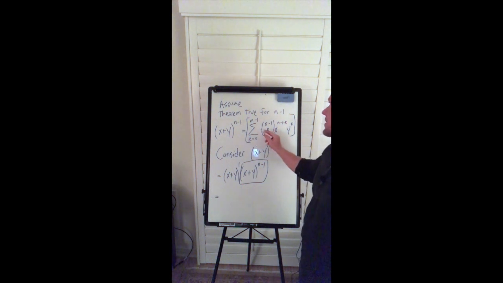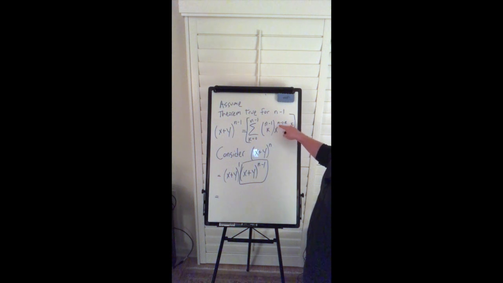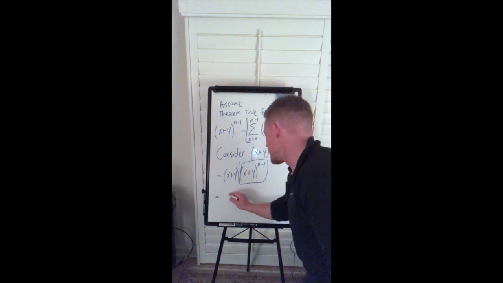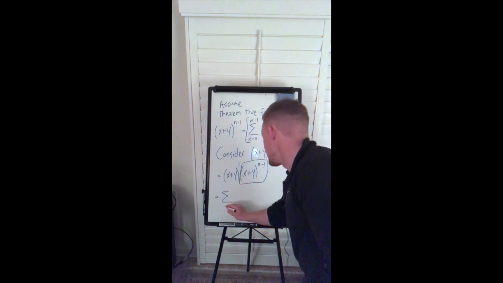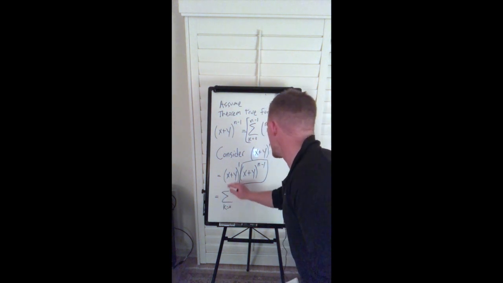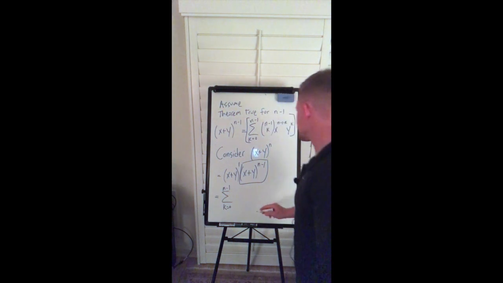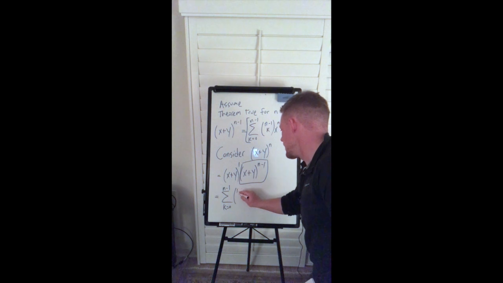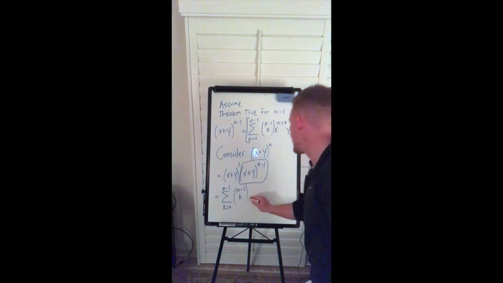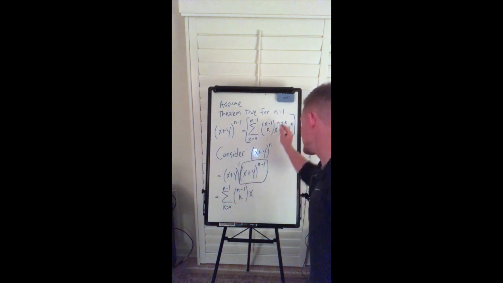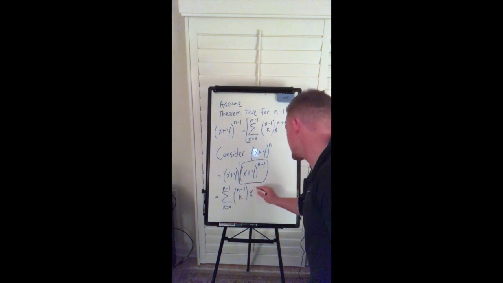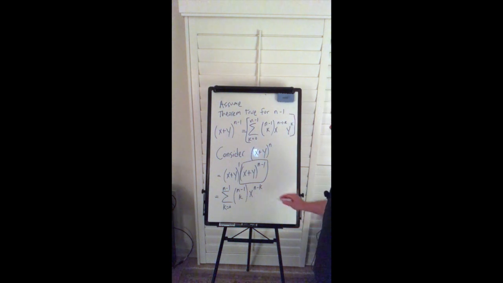So we can just bring the x to the inside. If you multiply the x times this whole thing, you would have x to the 1, and you have x to the n minus 1 minus k. So we could add the exponents, we'd be left with x to the n minus k on the inside there. So let's just go ahead and write that. The summation from k equals 0 up to n minus 1 of n minus 1 choose k, x to the n minus k, y to the k.